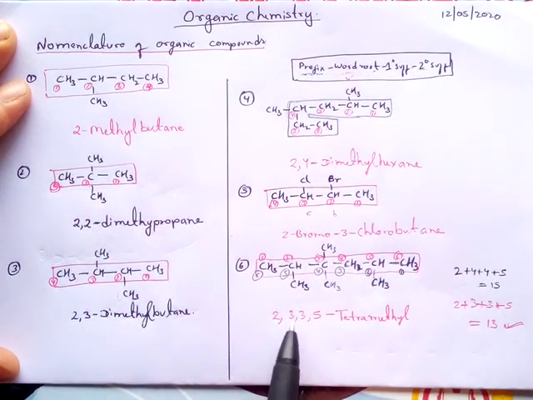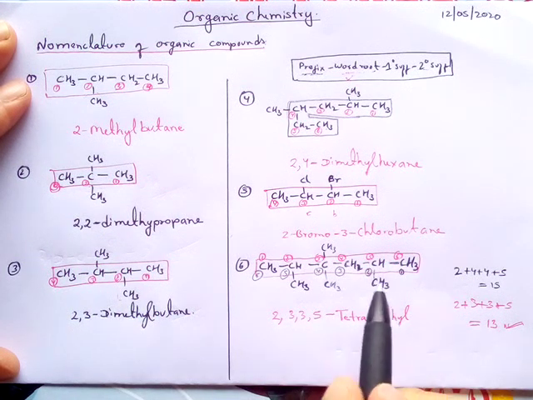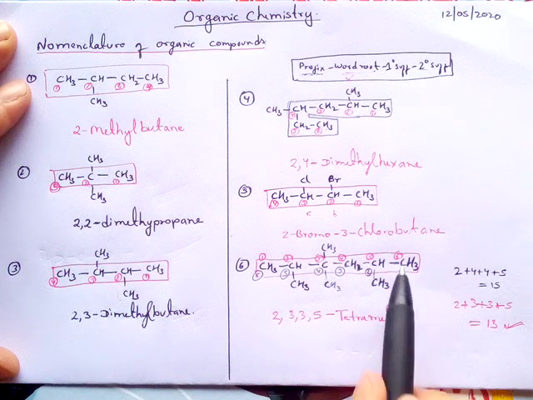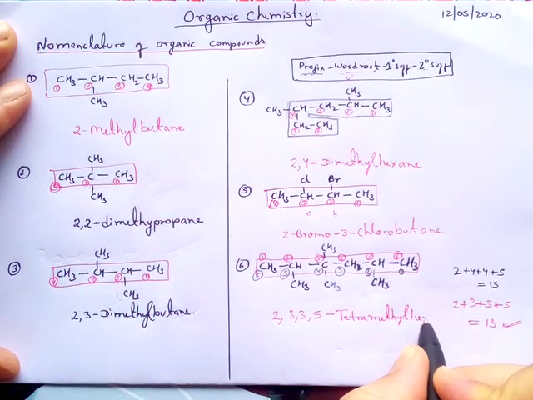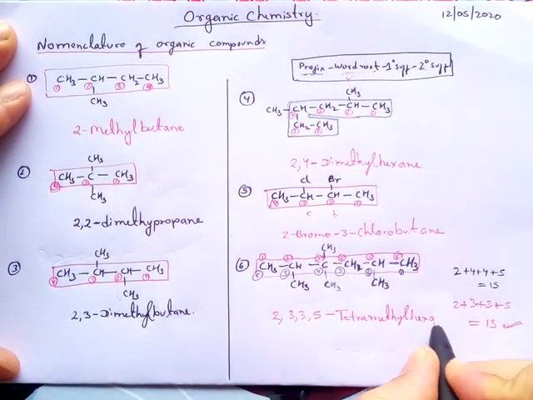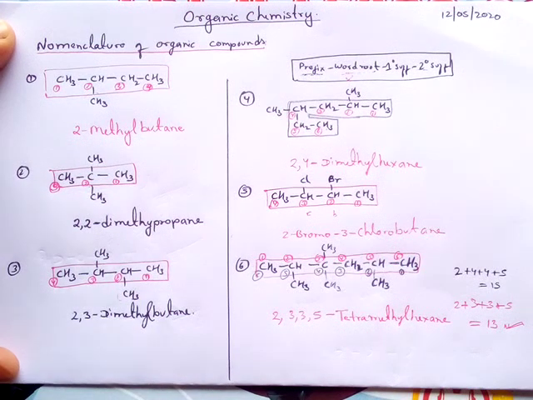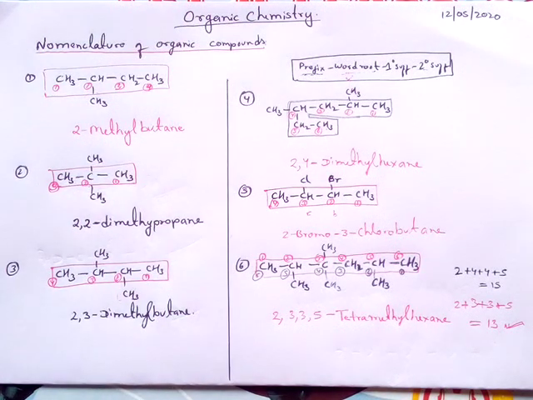So the positions are 2, 3, 3, 5 hyphen tetramethyl. Then how many carbons? 6. So it's hex. Then all carbons are single bond, ane, hexane. So 2, 3, 3, 5 tetramethylhexane.